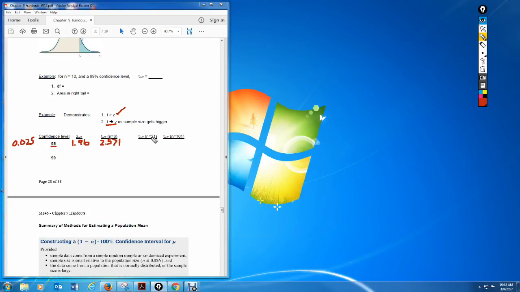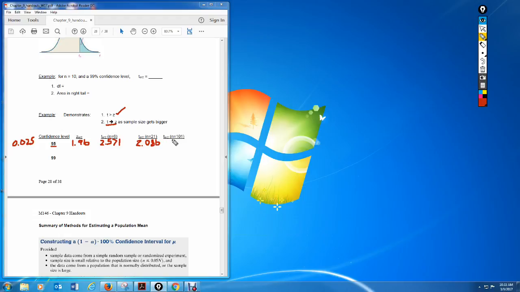Now, if you get up to a sample size of 21, degrees of freedom is 20, and if you go to the table, you will see that the critical t-value is 2.086. So it's still greater than the 1.96, but it's getting closer.